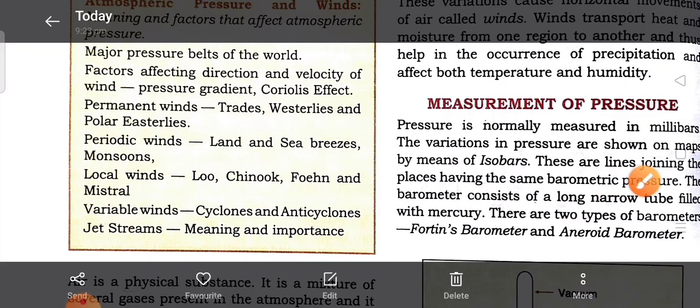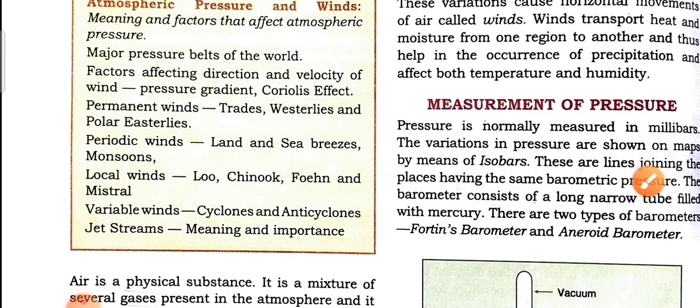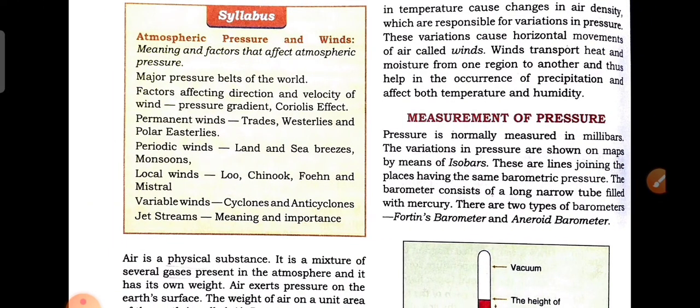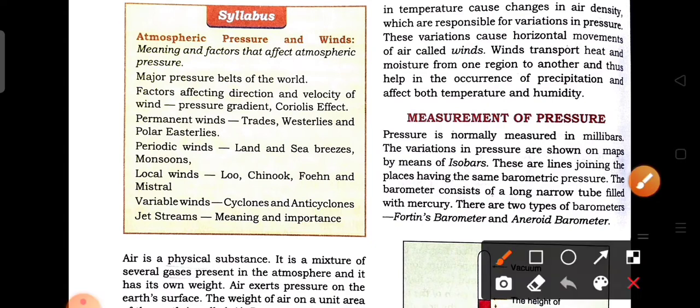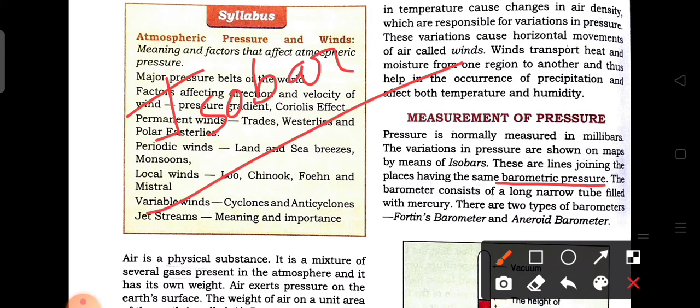So, what is an isobar? These are lines joining the places that have the same barometric pressure. So, isobars are imaginary lines which connect the areas which have the same pressure condition.